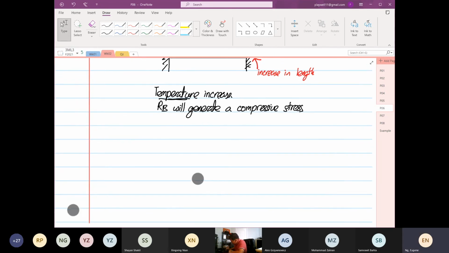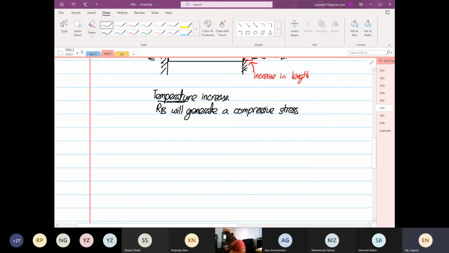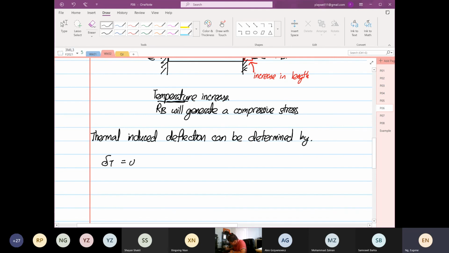So thermal induced deflection can be determined by deflection due to temperature is equal to alpha delta T, and then we have L naught.